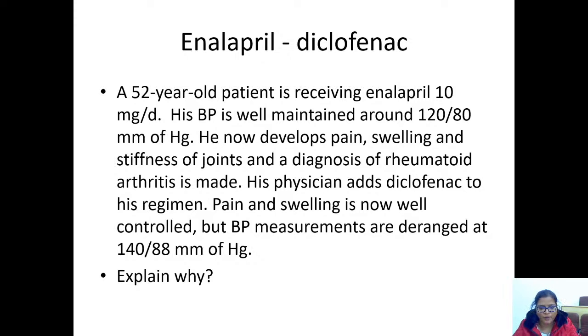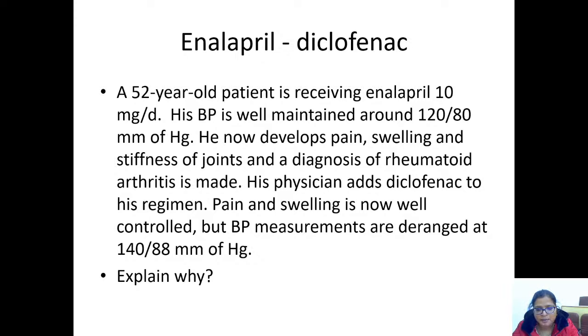The patient is a hypertensive getting enalapril for that, and for the joint symptoms diclofenac has been added to his regimen. Now pain and swelling is well controlled.